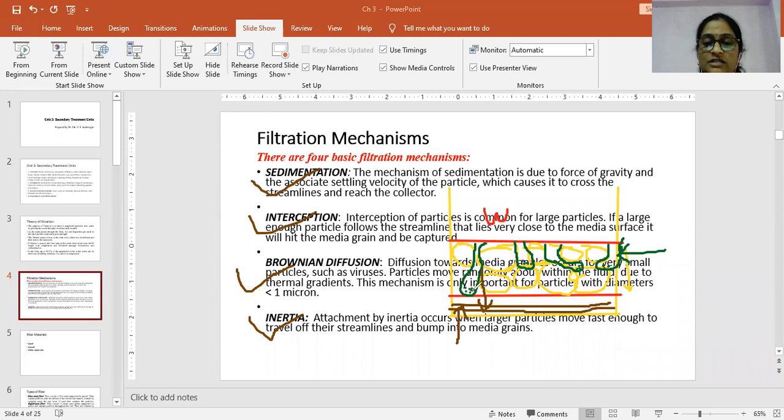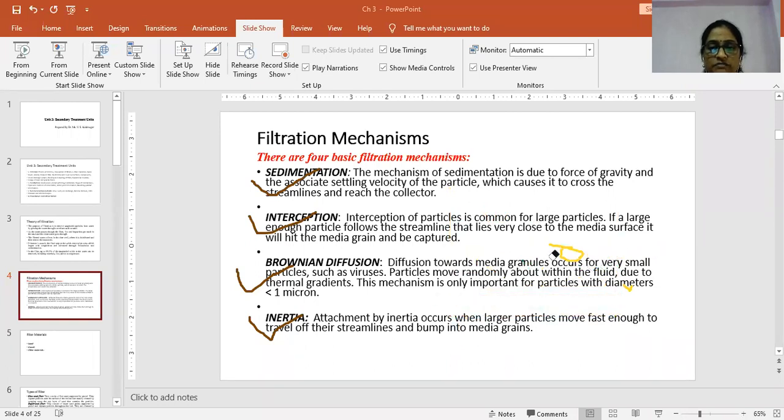That tube-like structure itself acts as a tube settler, and the sedimentation action is performed. Understood? Understood, everybody? Let me know, understood or not? Yes, ma'am. Okay, then we'll see the next action.